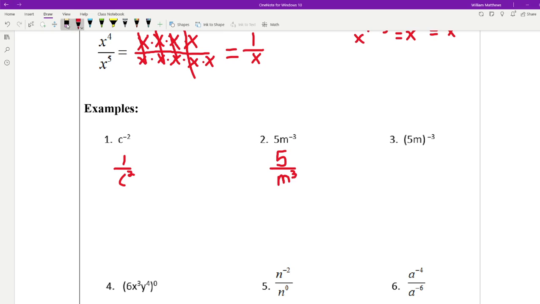Now to show this fully out, whenever I move the m to its other form, it would be 5 times 1 over m cubed. But anytime that you're multiplying a whole number by a fraction, you multiply to the top. 5 times 1 cleans up to just be 5. So that's why we simply write what is not changing still at the top and everything else to the bottom.